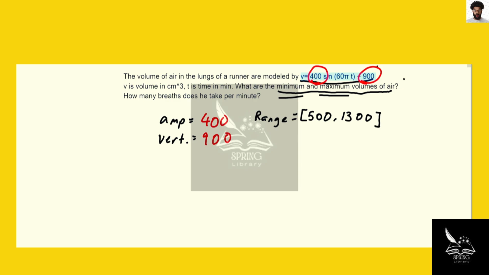So now we have the range, but then we have to explain this in terms of the problem. So the minimum volume of air is going to be 500, and our units are cubic centimeters.